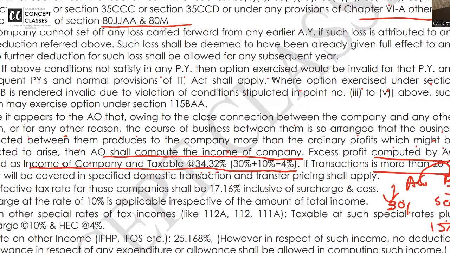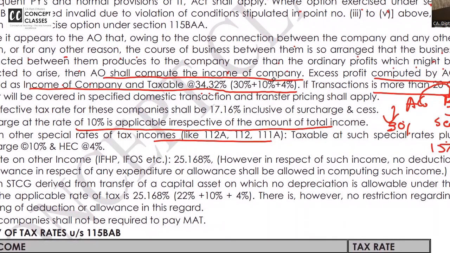Surcharge is mandatory in all these specified incomes irrespective of your taxes. Okay. Effective rate for these companies shall be 17.16%. Surcharge will be there irrespective of income, specified income and specified rate, and all the other income. Now important.